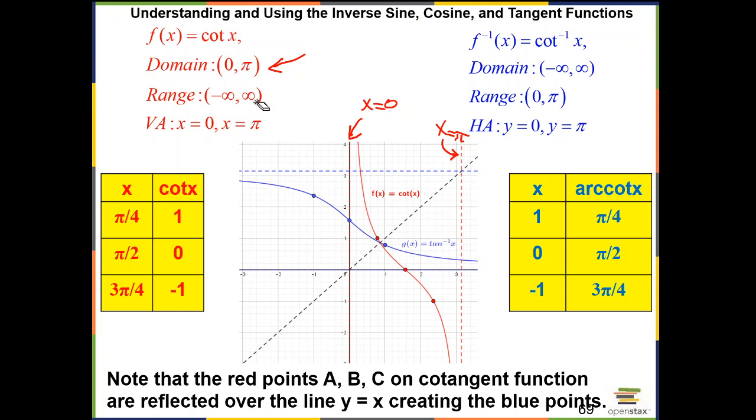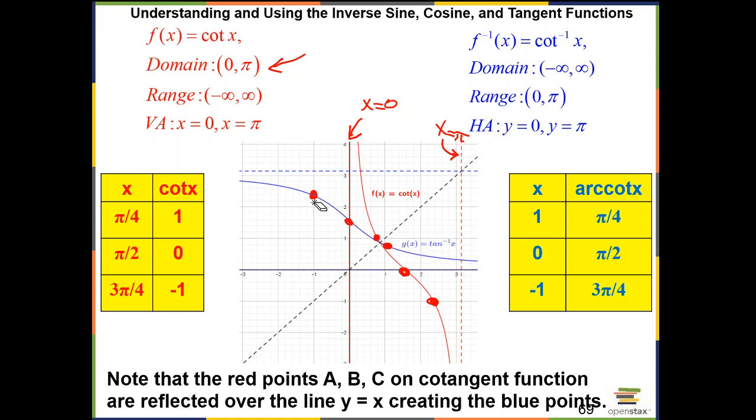And now to graph the inverse, we take 3 points. So these are 3 red points right here. And then we switch x and y, we get these, and these are going to be on the cotangent inverse, or arc cotangent. See?